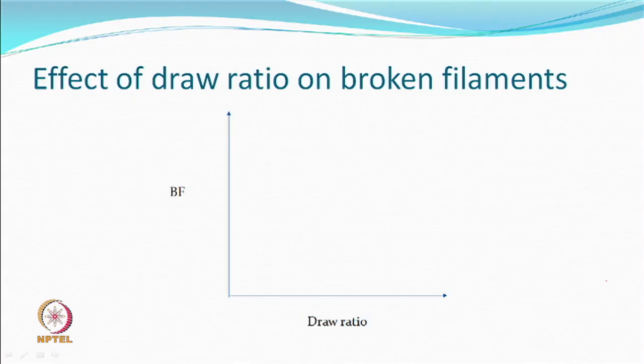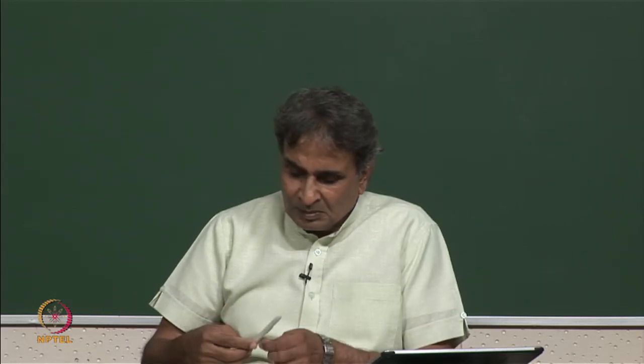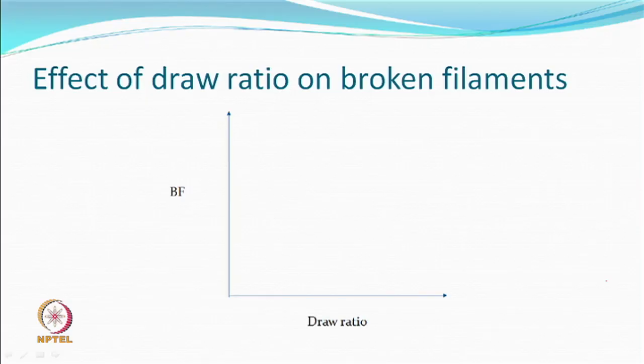Now, we know something from the previous arguments that we have done. When we increase the draw ratio, what do we think should be happening to broken filaments? Right? They will increase. Why? Because T2 is increasing. And the increase may be following the T2 or maybe more.